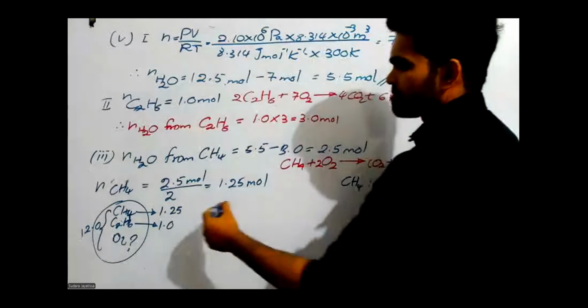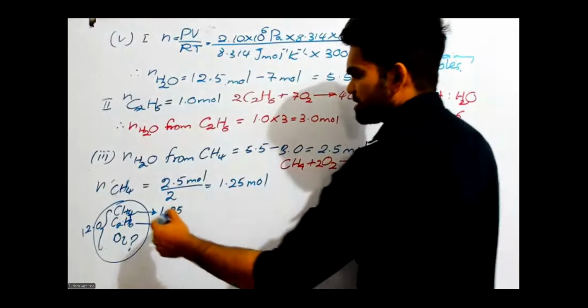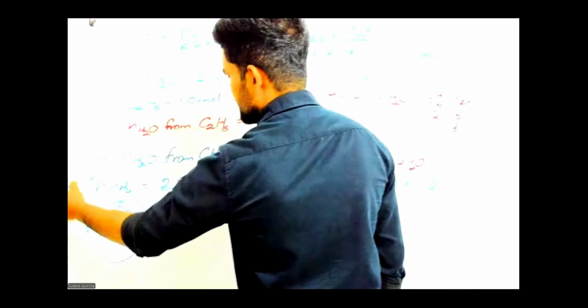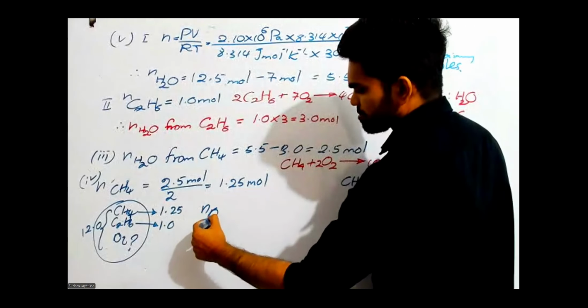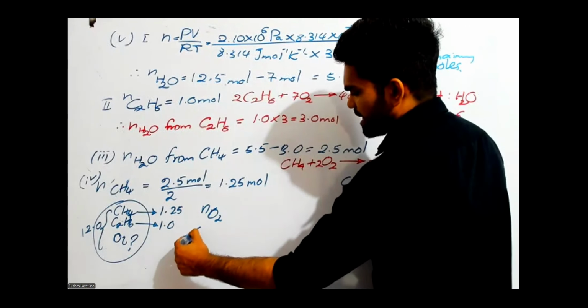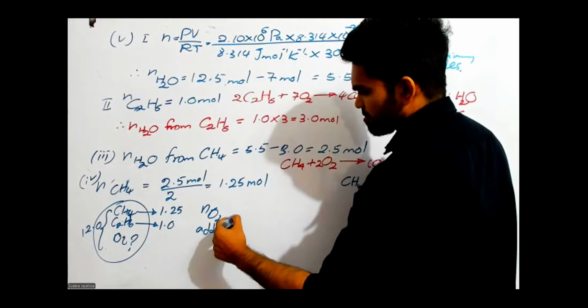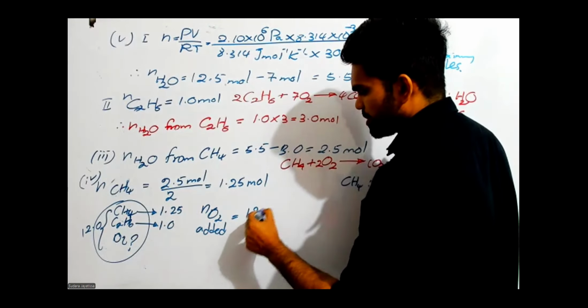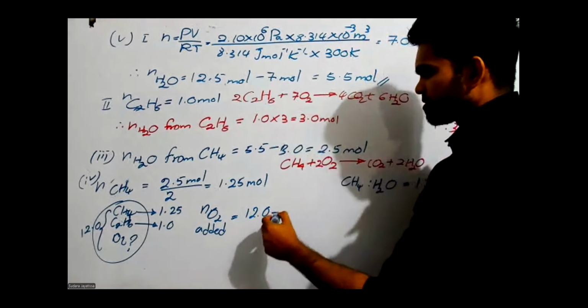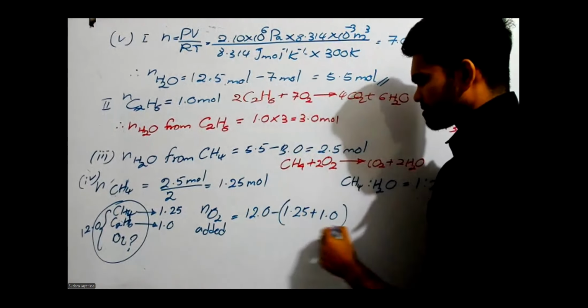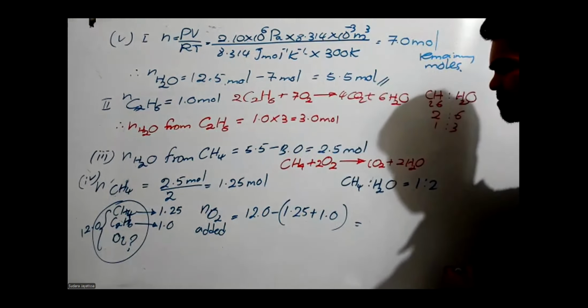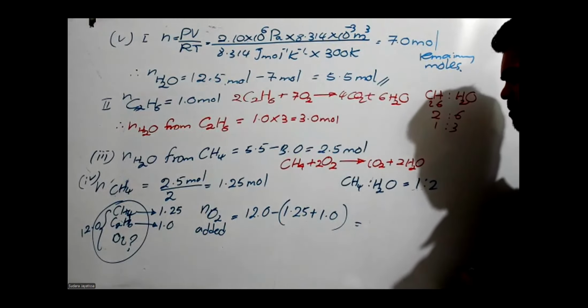So for the fourth part, start by finding CH4 moles, then show how many moles of O2. Moles of O2 added is equal to 12.0 minus (1.25 plus 1.0). So how many moles?